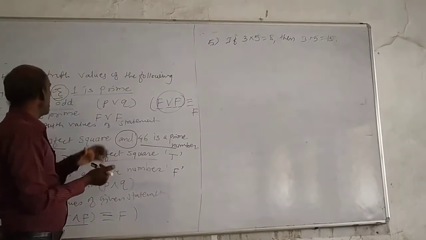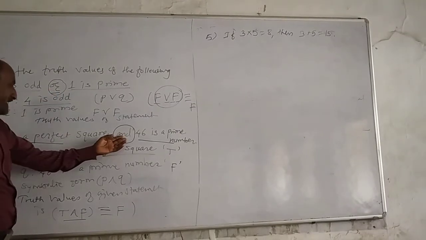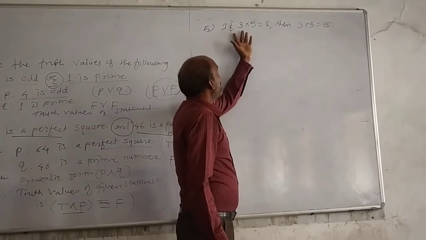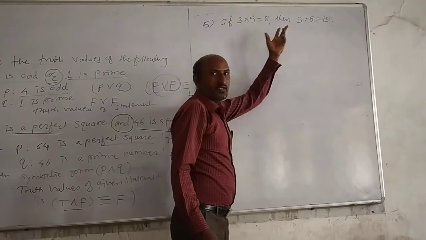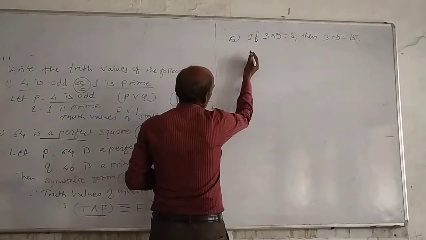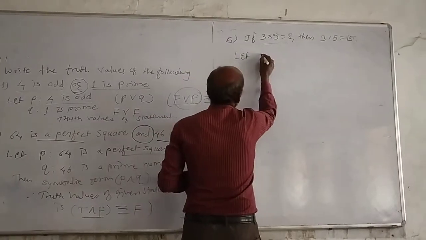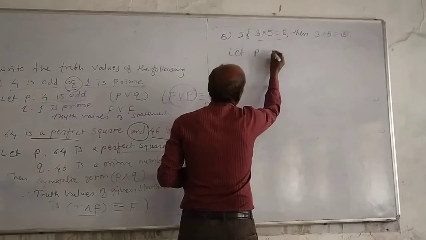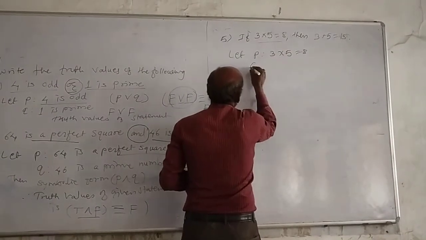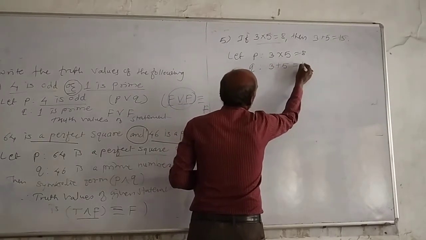Each and every statement uses some logical connectives. Here it was or and again or, and this example uses if then, means conditional. How to write the solution? Let us consider the first statement P: 3 into 5 equal to 8, and statement Q: 3 plus 5 equal to 15.